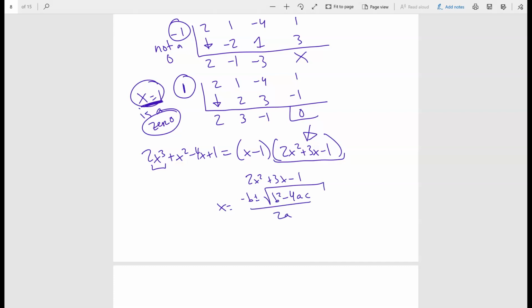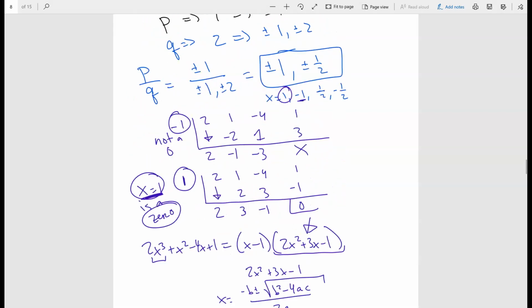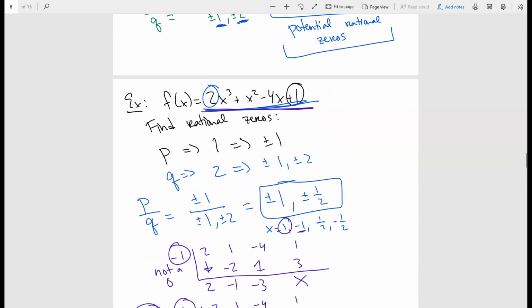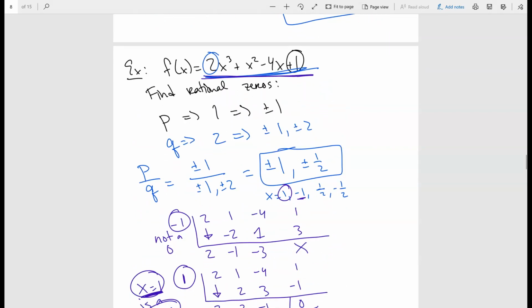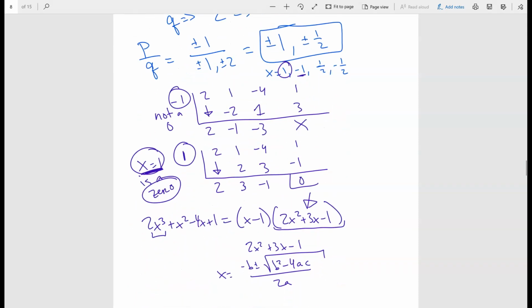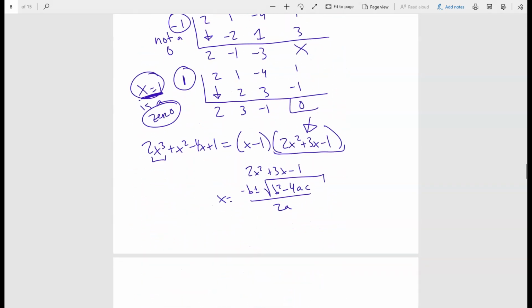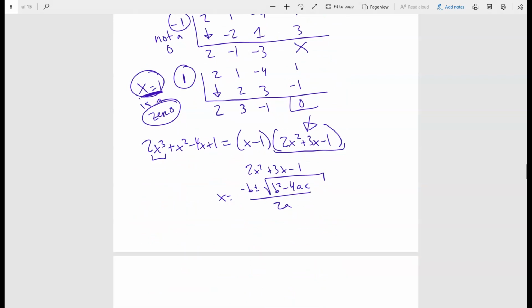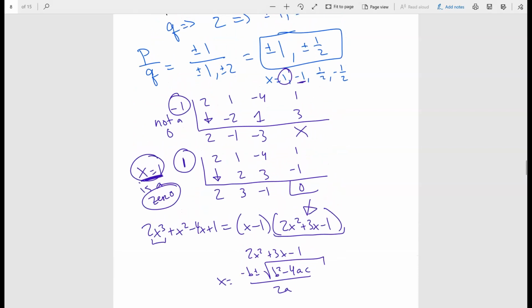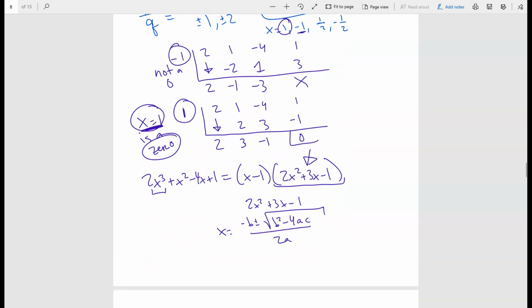So you can do that on your own if you want to. Now for an exam, I'm not going to make you go through every single thing. What I will probably ask you to do is find the rational zeros, all the potentials. Then I'll give you a 0, and then you're going to have to find all the roots or give me the complete factorization.